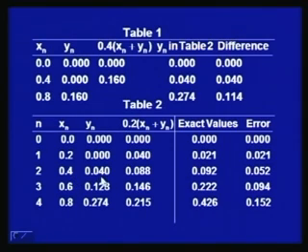The exact y at 0.4 is 0.040 and y at 0.8 is 0.274, and the errors, the differences between the two values, are: at 0.4, the value is 0 here and 0.040 there, so the difference is 0.040, and at 0.8 the difference is 0.274 minus 0.160, that is 0.114.